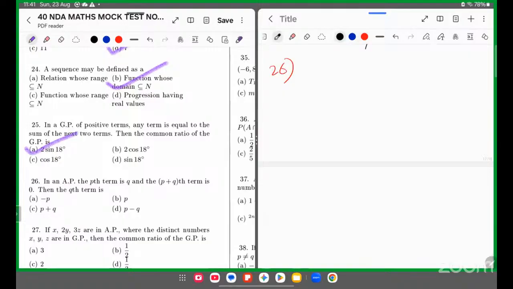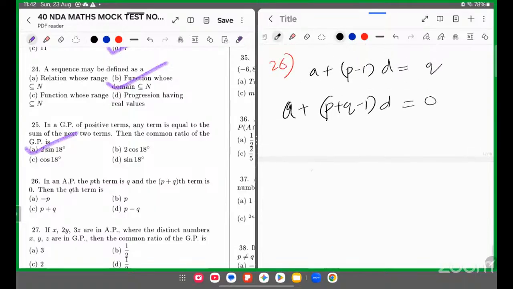In an AP, the pth term is q and the p plus qth term is 0, then the qth term. That means what is given here? a plus p minus 1 into d is q, and a plus p plus q minus 1 into d is 0. That means a plus p minus 1 into d equal to q, and a plus p minus 1 into d plus qd equal to 0.